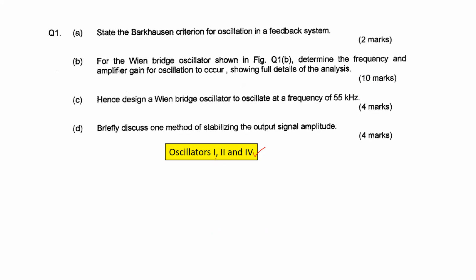You're going to have to look at the phase shift oscillators. So we did the Wien bridge and the phase shift. Those were the two main ones inside of here.